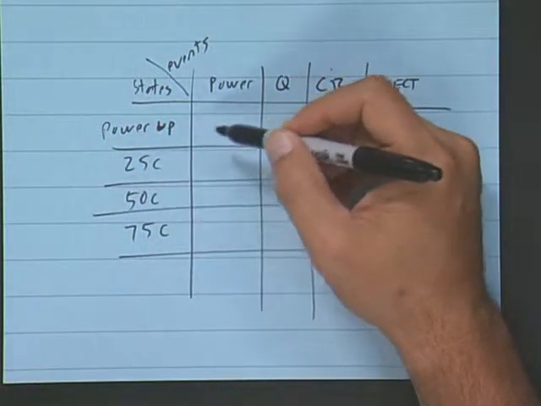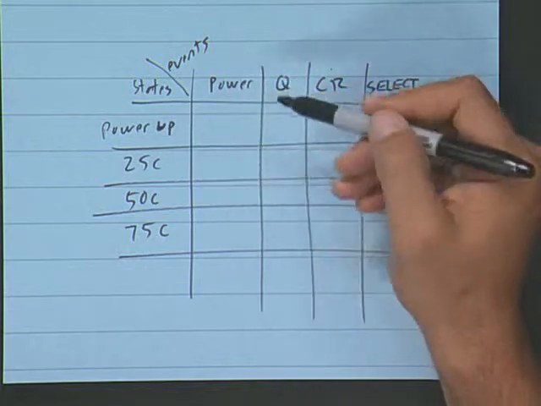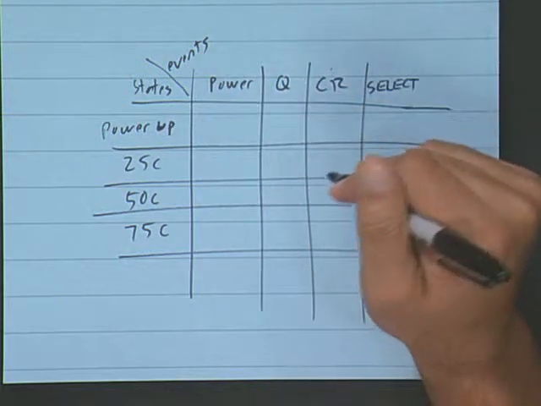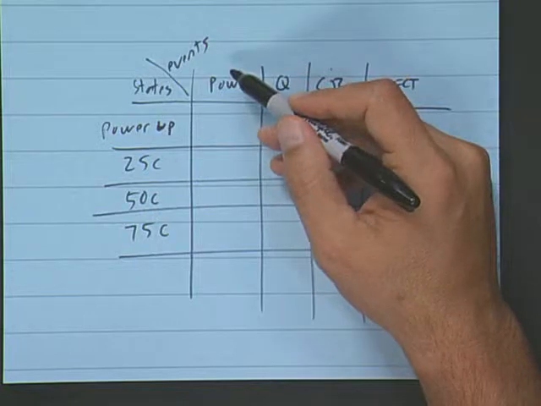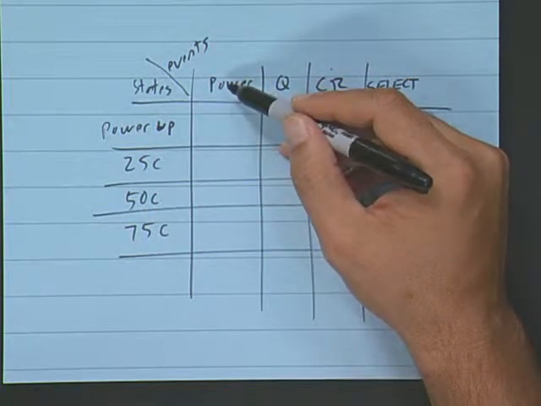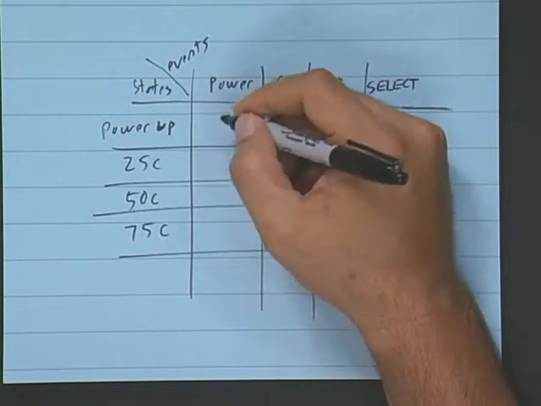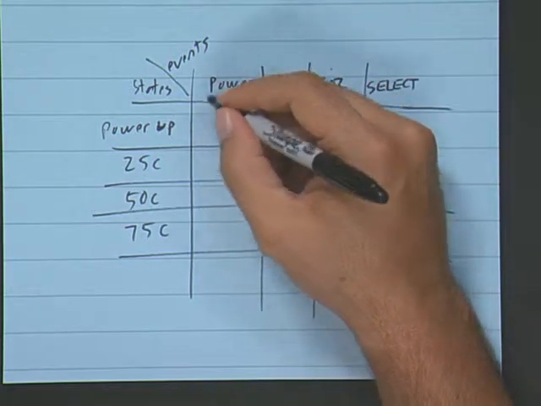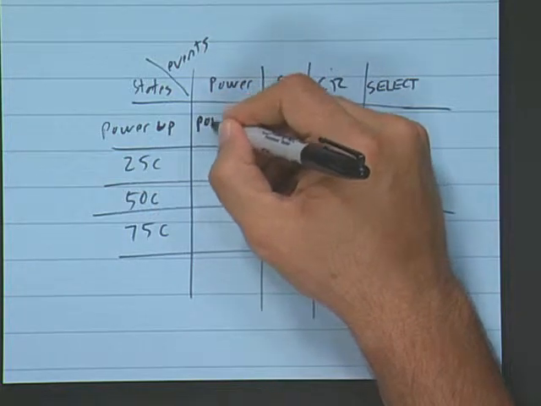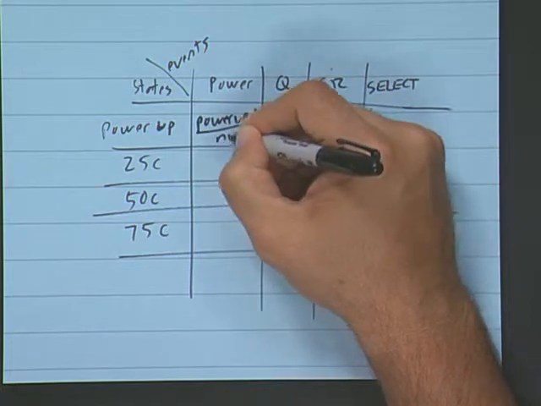I know we didn't talk about that, but let's talk about this. I'm in the power up state. What happens if I get another power up stimuli? Well, since I'm already in the power up state, if I get another power up signal, you know what I'm going to do? I'm going to stay in the power up state, and I'm going to ignore it, null.